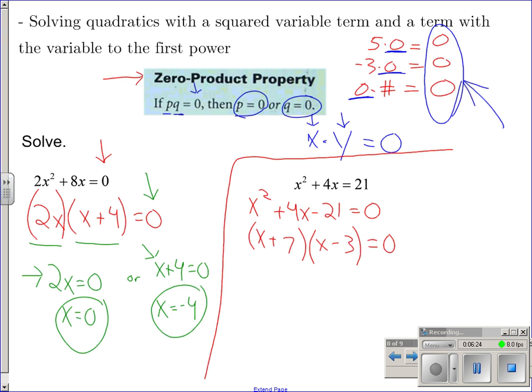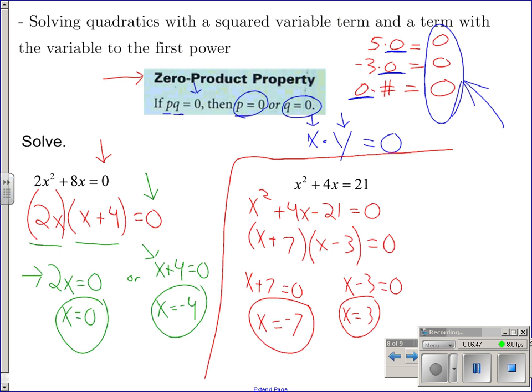That's our factoring for this trinomial. We have everything equal to 0, so we set our factors equal to 0: x plus 7 equals 0 and x minus 3 equals 0. We solve for x for each one: x equals -7, x equals positive 3. That's our two answers.